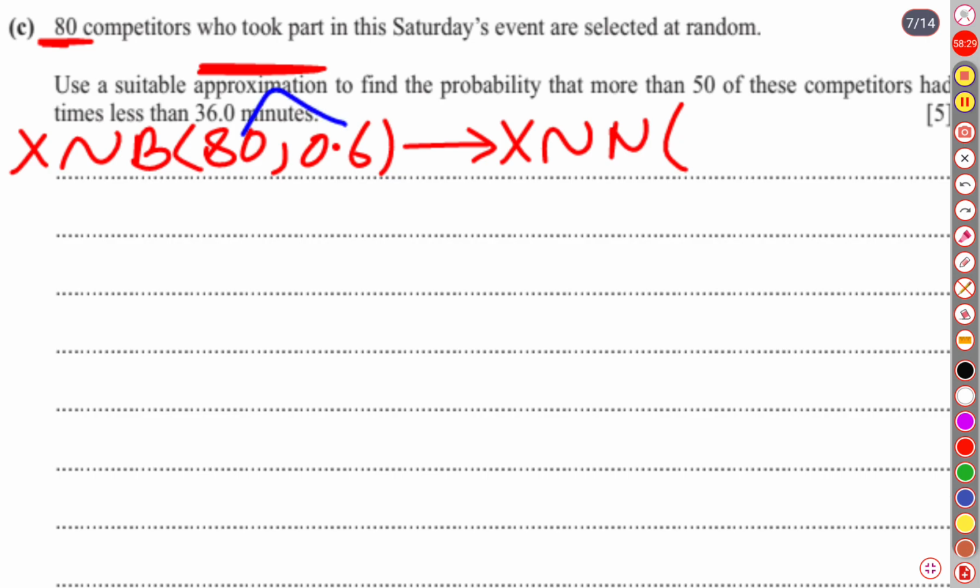So let us do the multiplication. It is going to be 48, and our variance is npq. 80 into 0.6 into q, which is 0.4. If we multiply 48 by 0.4, it is going to be 19.2.